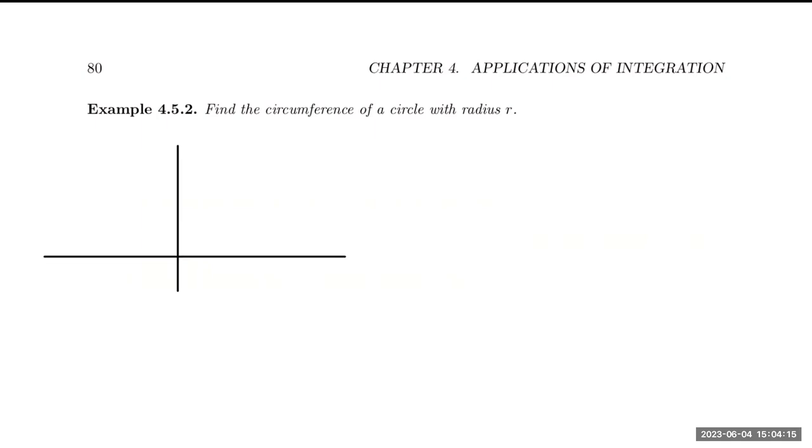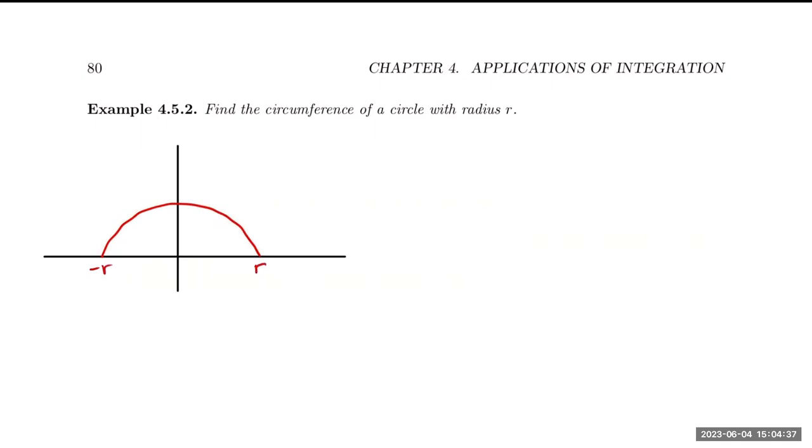We're going to be working with the semicircle here to avoid any area cancellations. If this is our semicircle, later we'll just have to multiply by 2. This is the length that we're working with here, that's what we want to find from negative r to r.